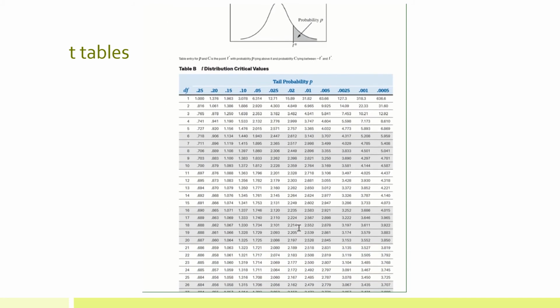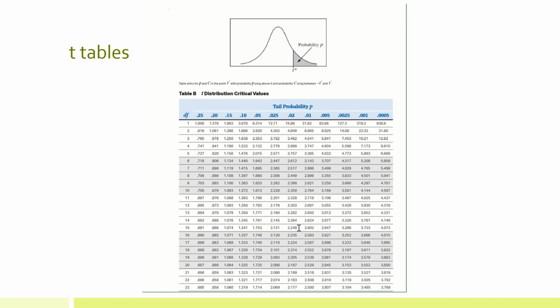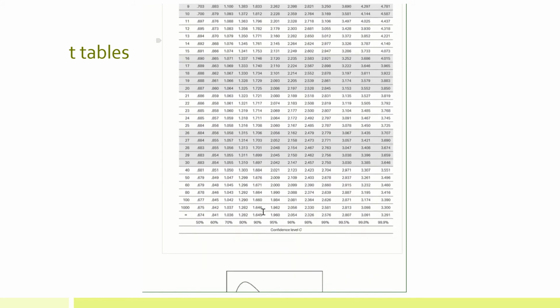We're going to table B, the t distribution critical values. Here's my degrees of freedom, and it even shows you the critical value. If you scroll all the way down to the bottom, you have your confidence level, tiny here. So if we go up to a 95% confidence level, we can look at the degrees of freedom.